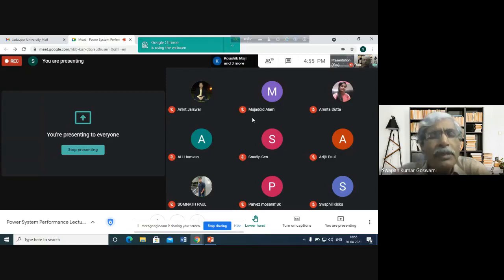So the basic purpose of using bundle conductor is to avoid this corona. How? Obviously, if you can increase the diameter of the conductor, then the potential gradient will be reduced. So using bundle conductor, as if we are increasing the effective diameter of the conductor.